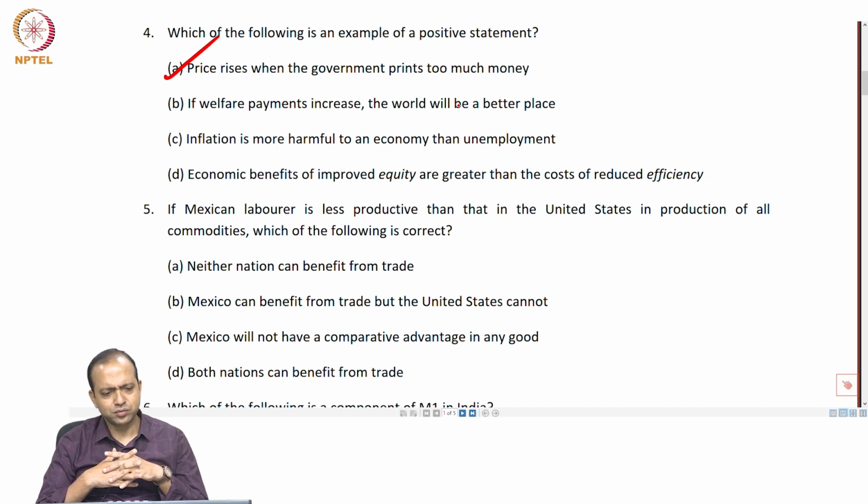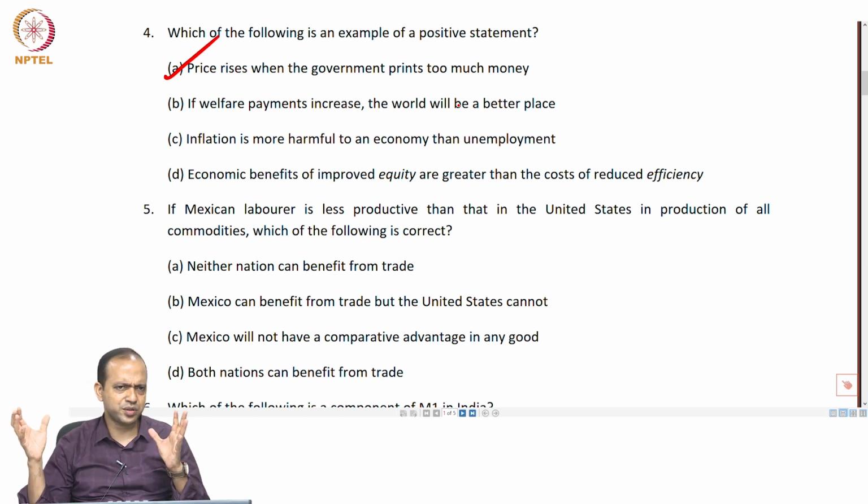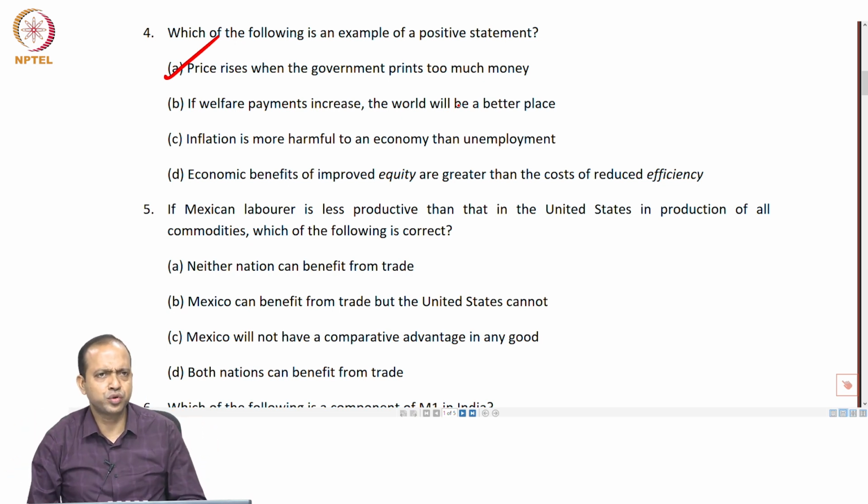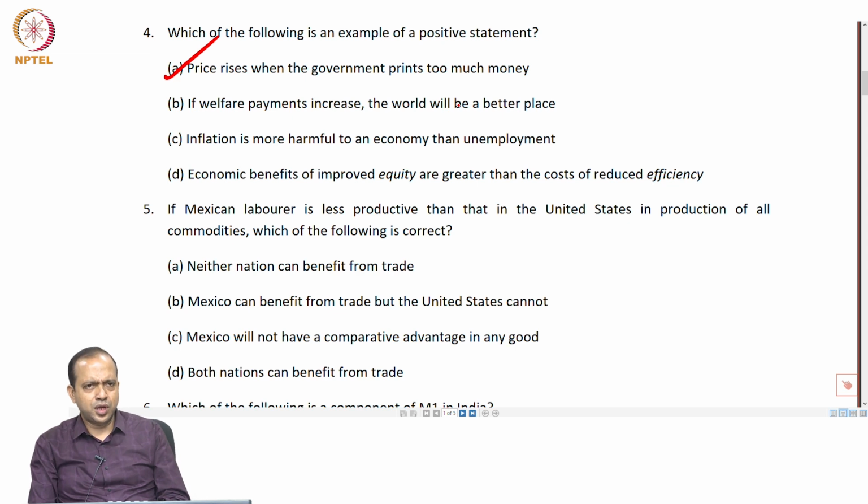So we can say that Mexican laborers are less productive, because more labor is required to produce computer and wheat in the context of Mexico.